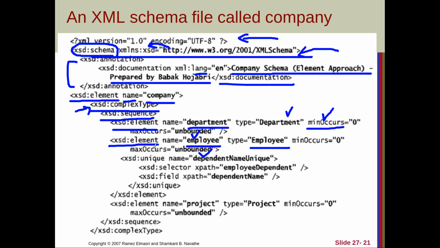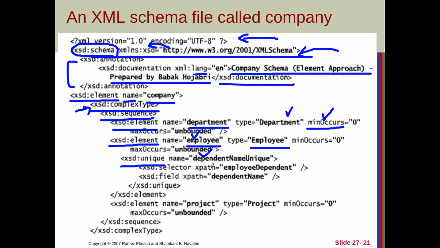Now under this element employee I am writing xsd:unique. So along with this employee I am writing xsd:unique name equal to dependentNameUnique. So I am going to set a unique name, dependentNameUnique, for the attribute which can be considered as a unique value.